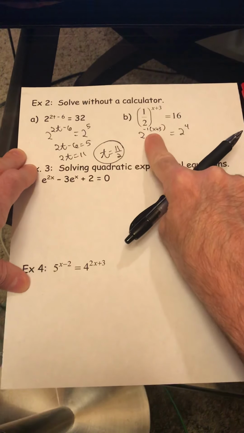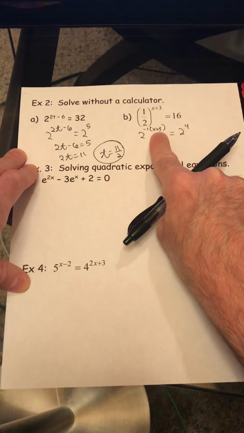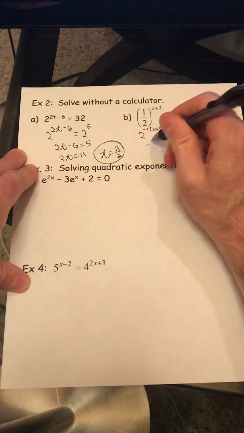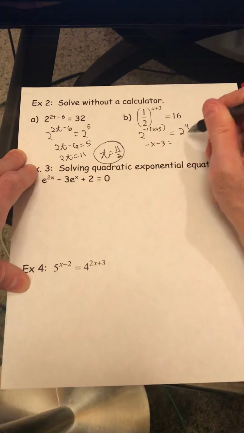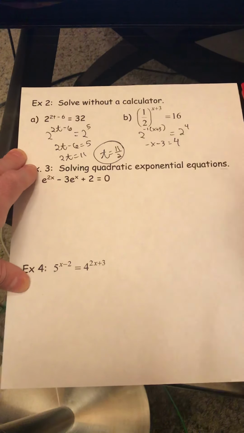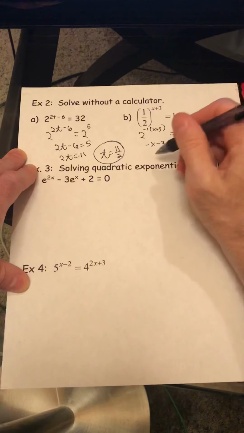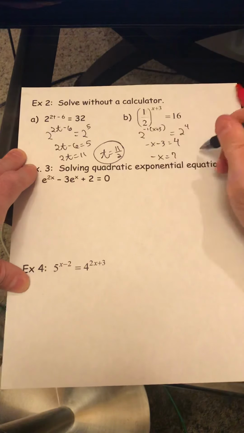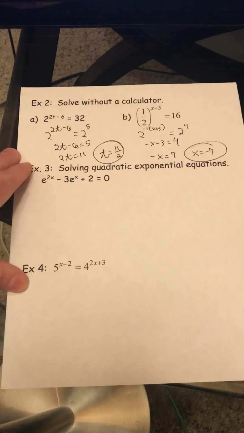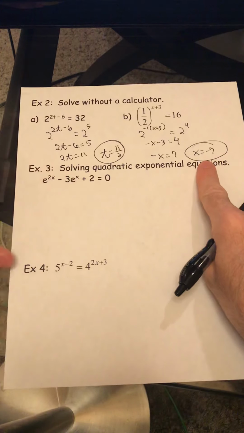Now, when you rewrite where there's already a quantity as an exponent, you just distribute. Negative x minus 3 equals 4. And so from there, we can add the 3 over, and if negative x is 7, x is negative 7. So again, those two were a lot easier than the one we just did.